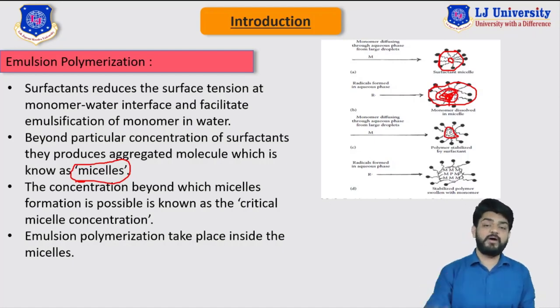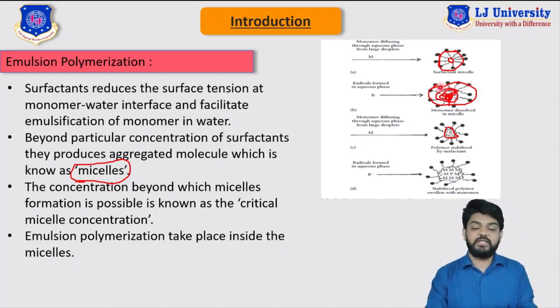When this monomer in this image, which is hydrophobic, that is, insoluble in water, comes in contact and reaches the center, it will react on the application of heat and produce polymer like this here in this image, right? So the entire concept of emulsion polymerization is explained in this image.